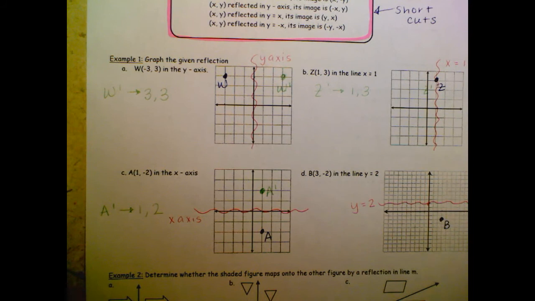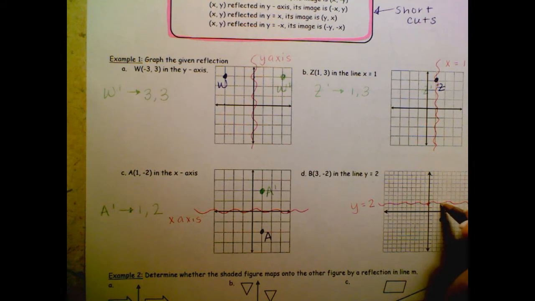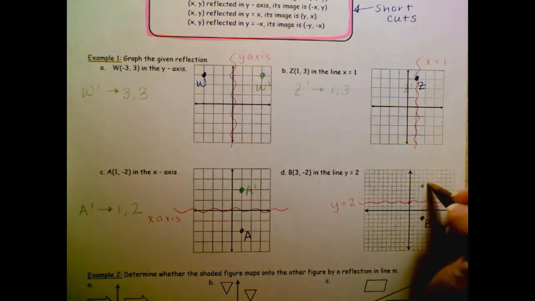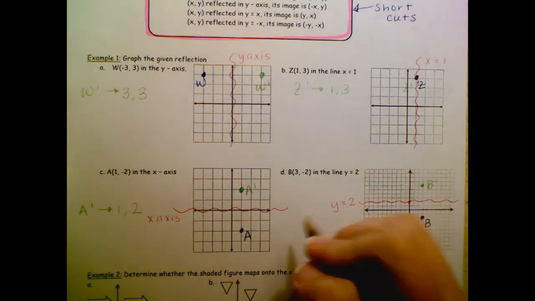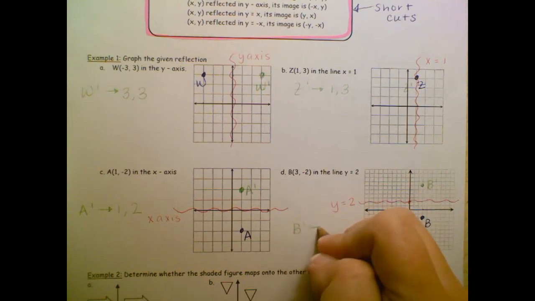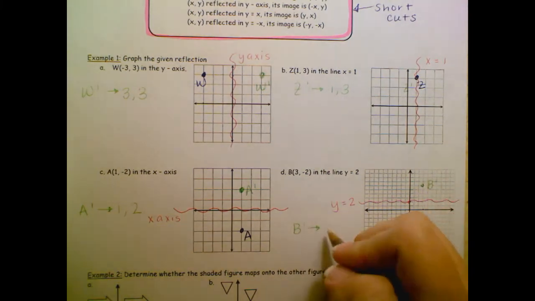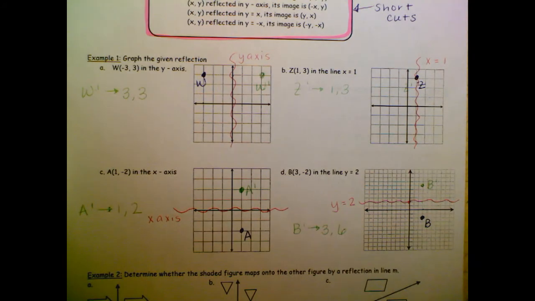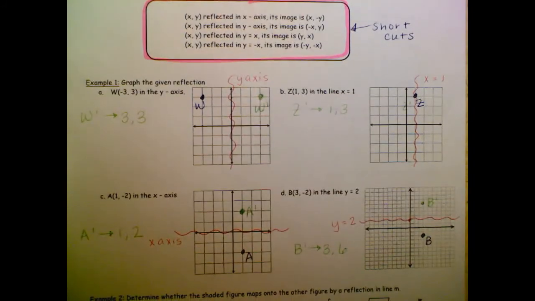From this point to the line, I go up 2, 3, 4. So I need to go up 4 more. So my new B point, my B prime, is at 3, 6. Because this is y equals 2, there is no real shortcut. I'm just going to have to use the counting method.